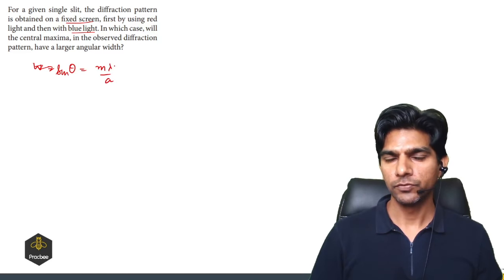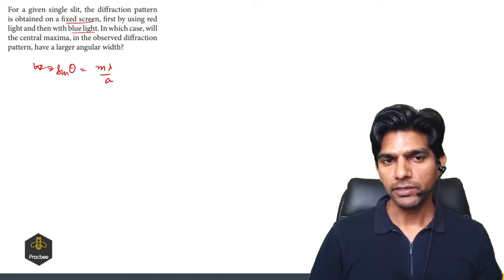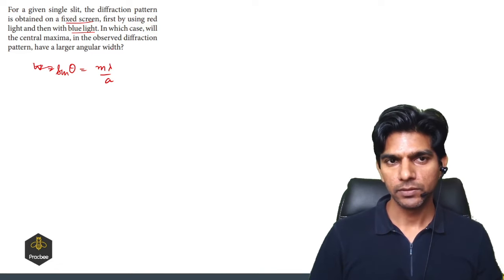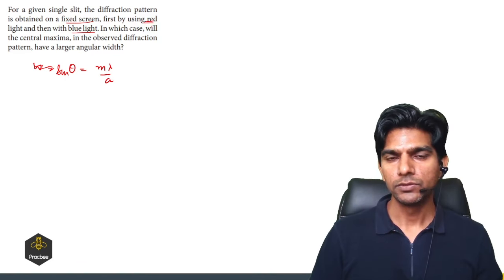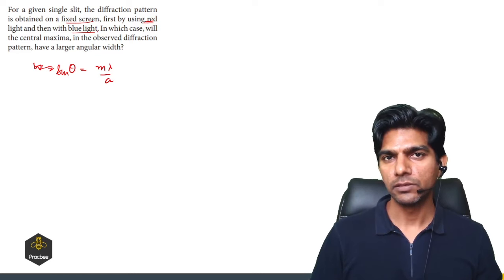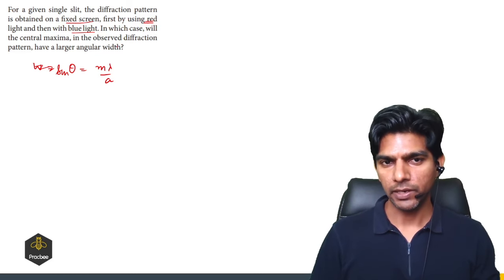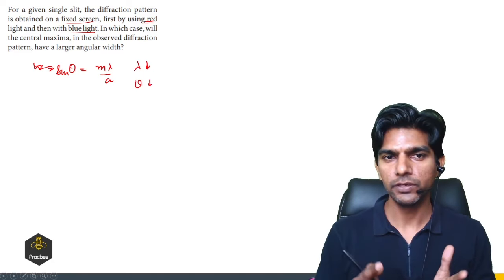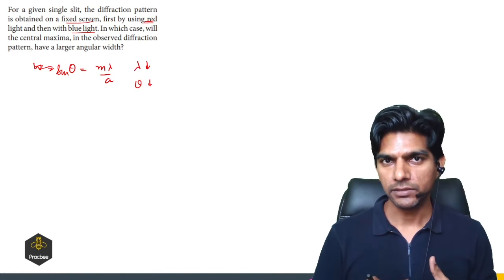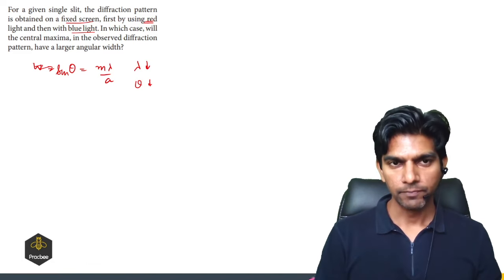This is for the minima, right? So theta depends upon the wavelength. If we change the light from red to blue, red has higher wavelength and blue has lower wavelength. So if lambda is decreasing, theta will decrease. So the angular width will decrease with change in the wavelength.